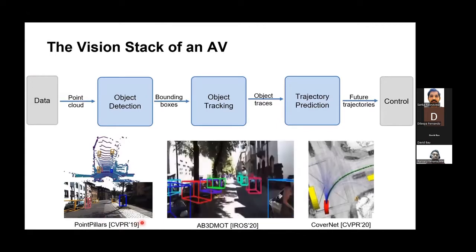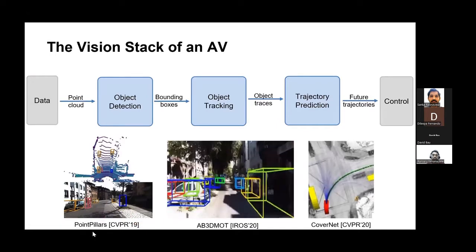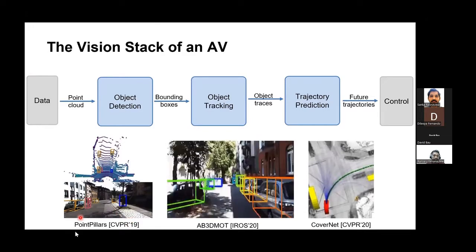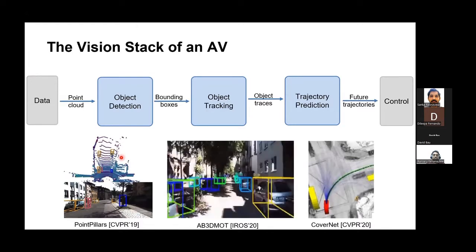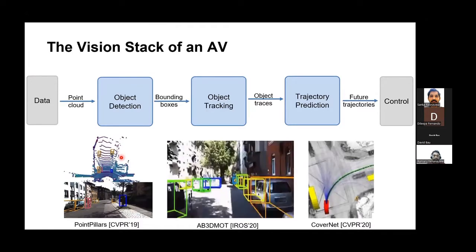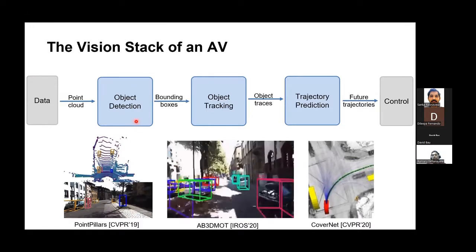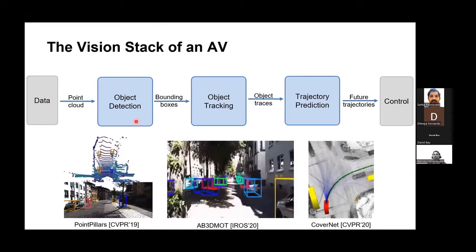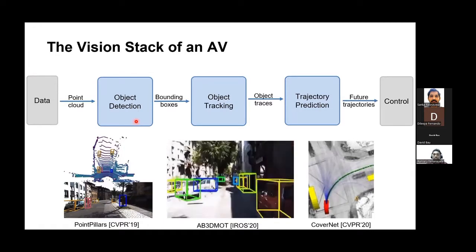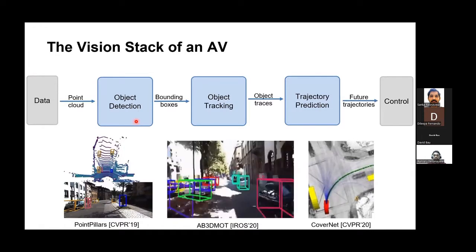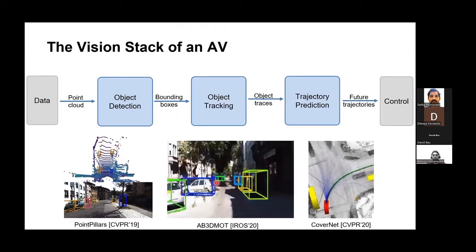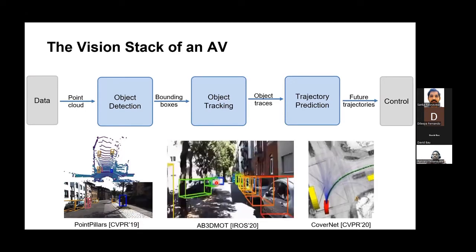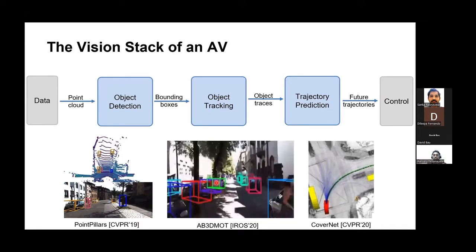We can use state-of-the-art algorithms for object detection, such as PointPillars. The bounding boxes you can see here are the objects that you detect. Once you have these bounding boxes, you need to track those vehicles or pedestrians. So it's a continuous process. That's where the temporal component is introduced into this system.